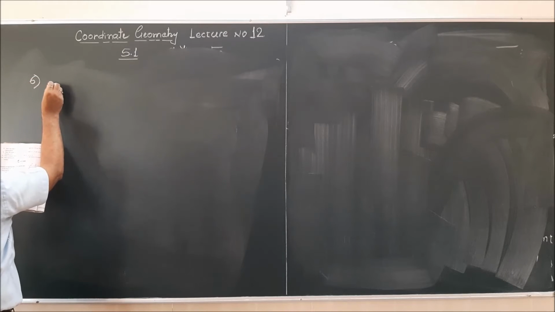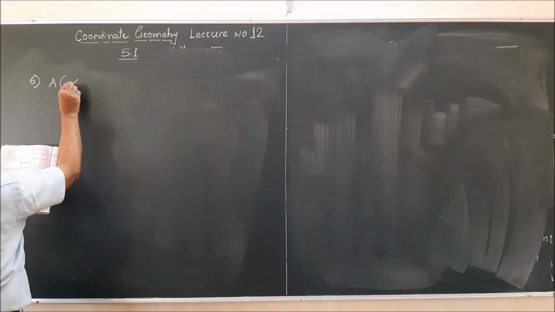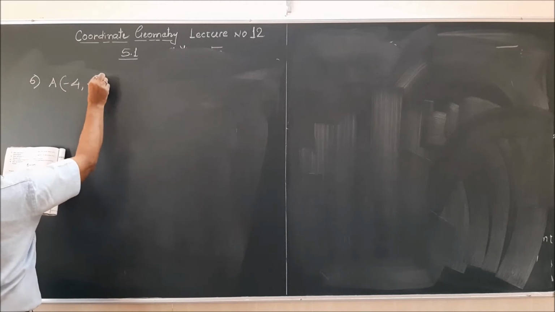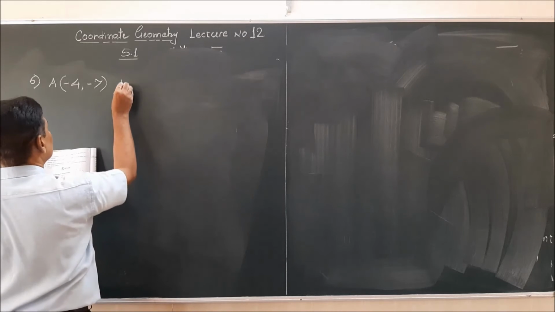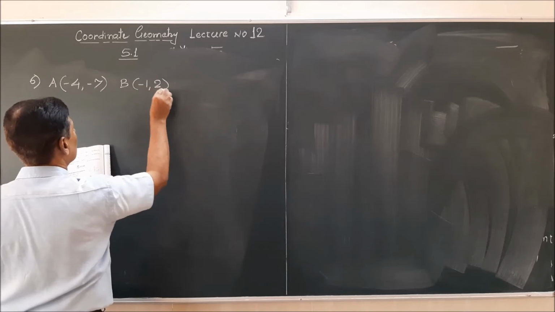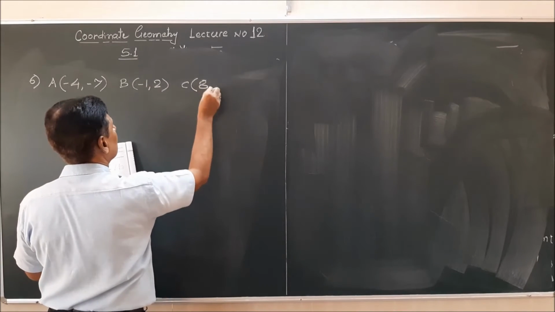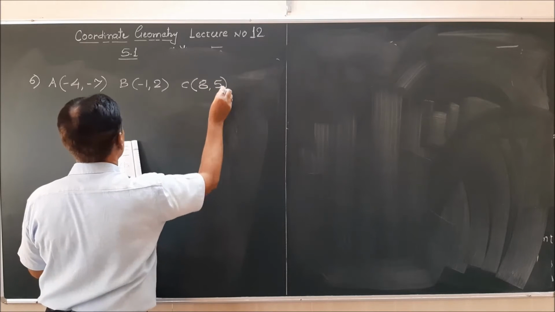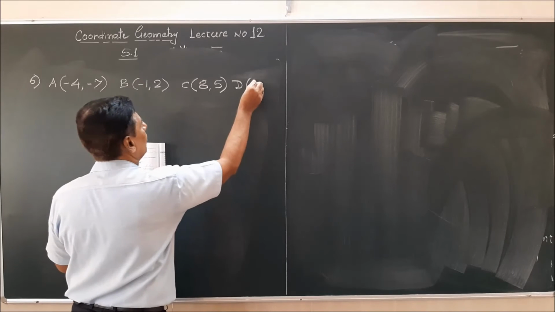You will find coordinates of A are -4, -7, while that of coordinates of B are -1, -2. Coordinates of C are 8, 5, and while that of coordinates of D are 5, -4.